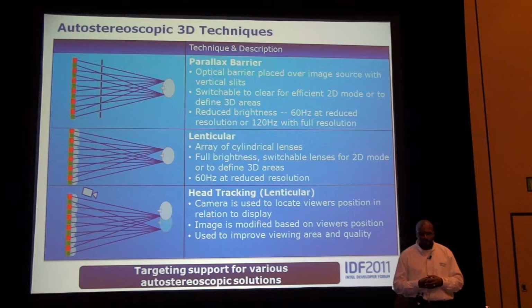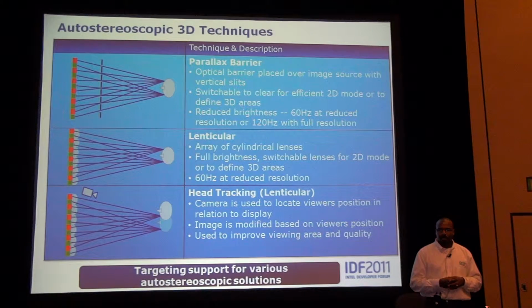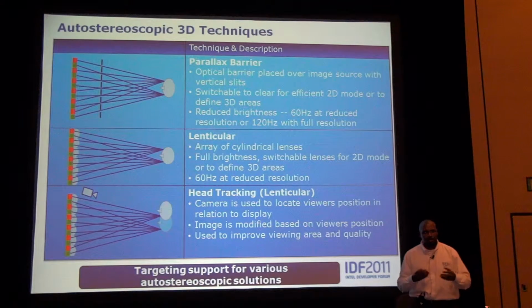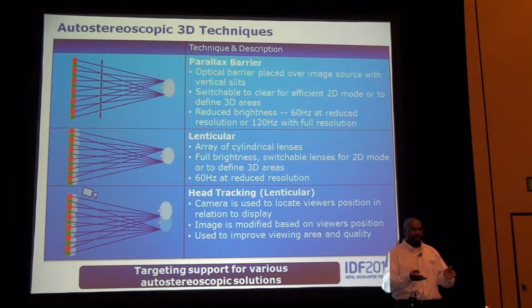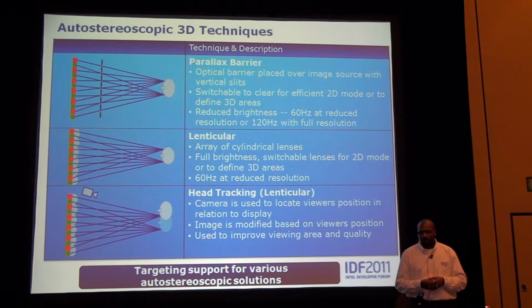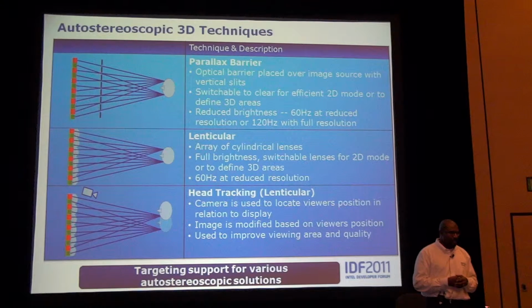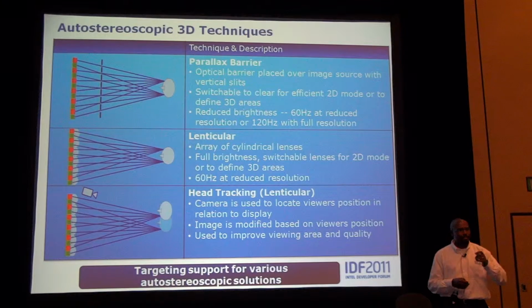One of the drawbacks to having any barrier is that it could reduce the brightness of the actual content. So one solution is to boost up the backlight brightness. Next, lenticular. That's cylindrical lenses.